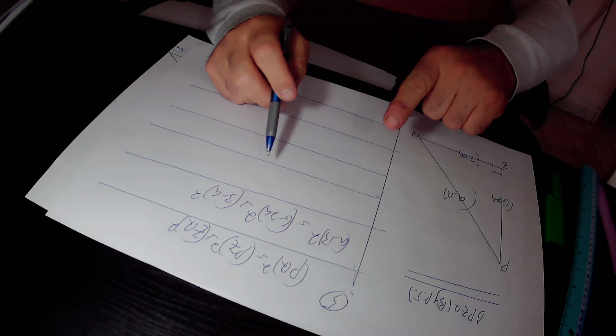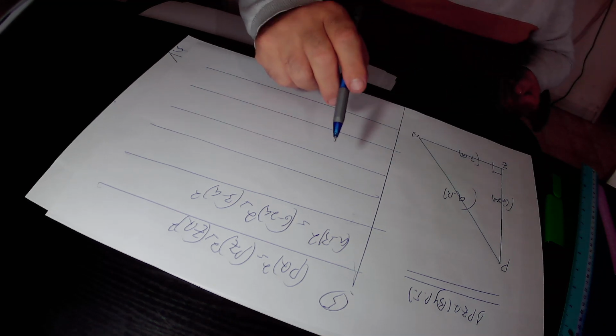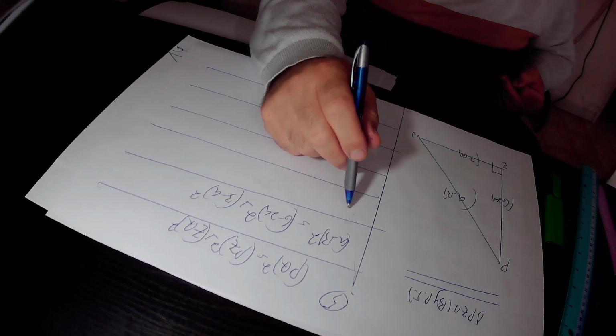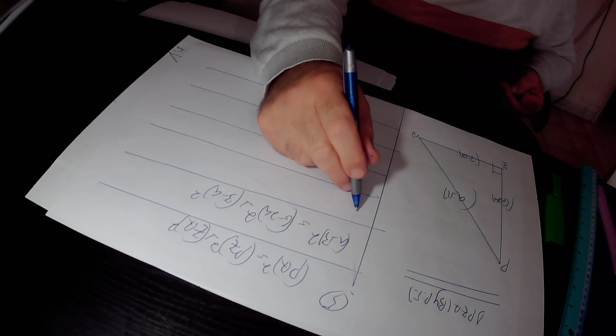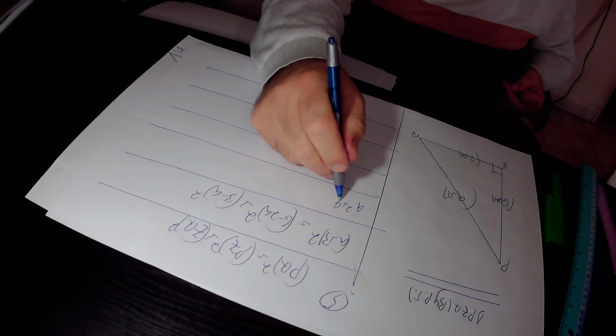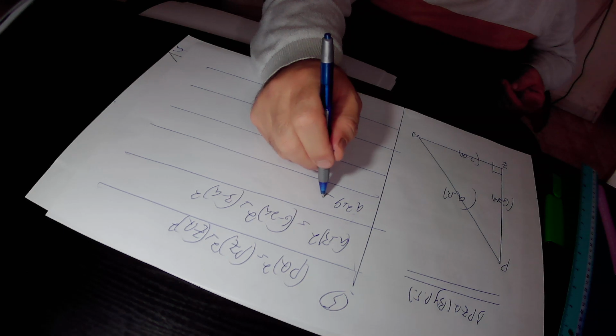We'll open the brackets on both sides of the equation. (A plus 3) square is A square plus 3 square, that is 9, plus 2 times A times 3, that is 6A.